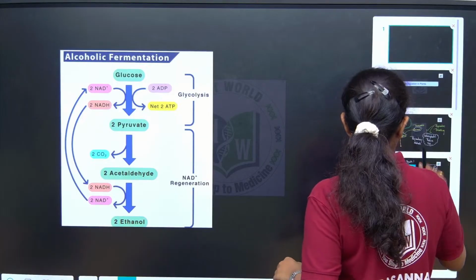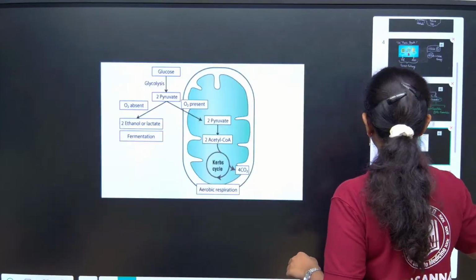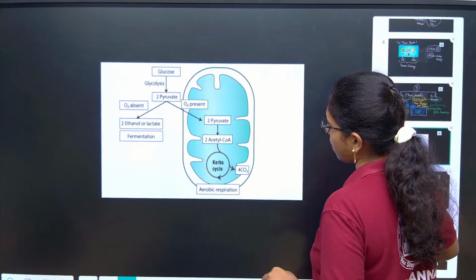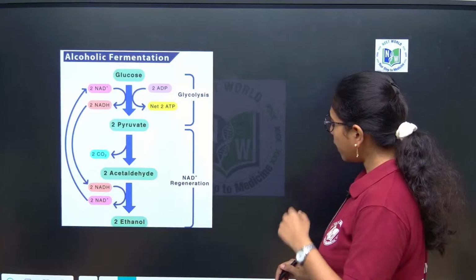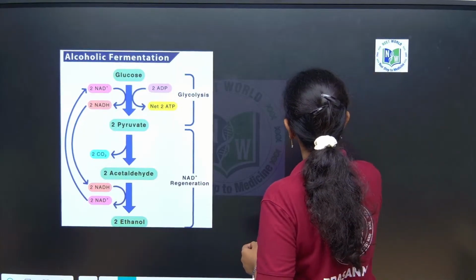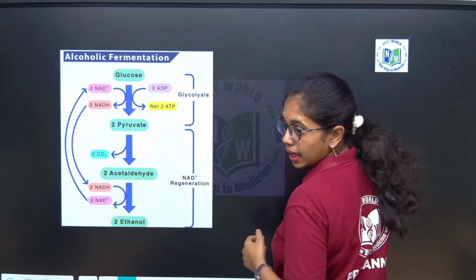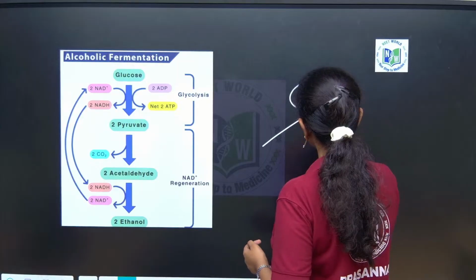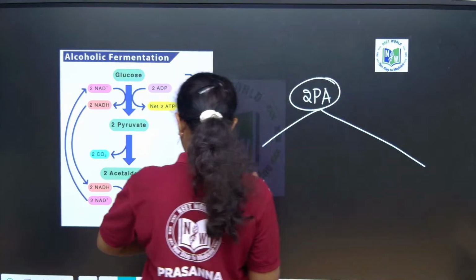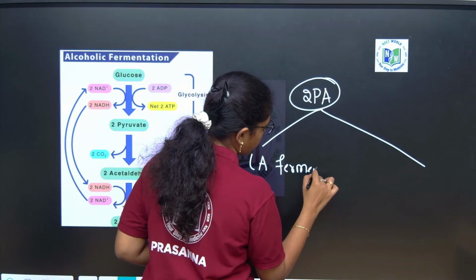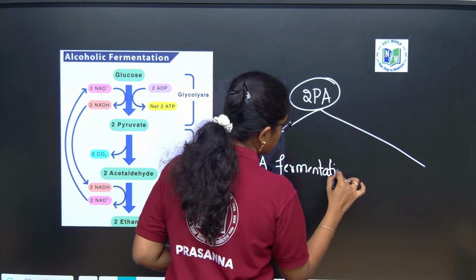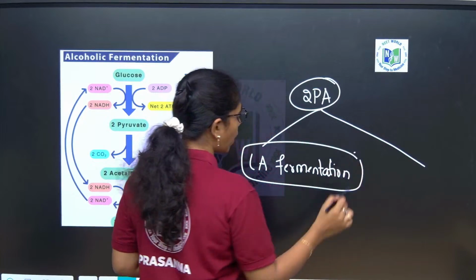I'll tell you, 1 minute. So, here if you have to see, these 2 molecules of pyruvic acid inside the cell may conduct lactic acid fermentation. For lactic acid fermentation, the best example is what?